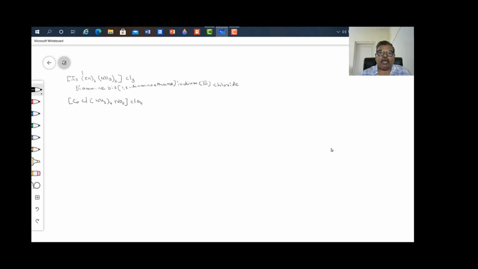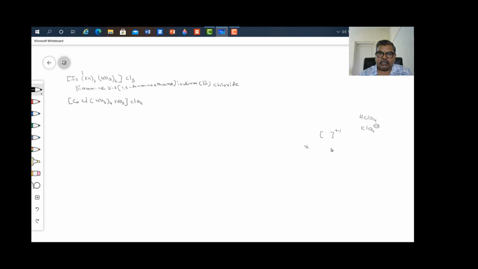It is the radical of HClO4, perchloric acid. So therefore ClO4 minus ion is perchlorate ion. So therefore the complex carries +1 charge. So this is a cation complex.